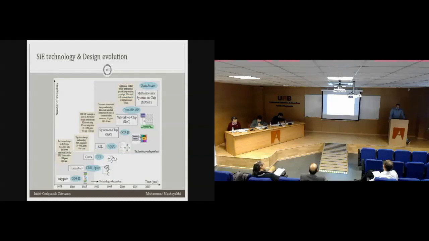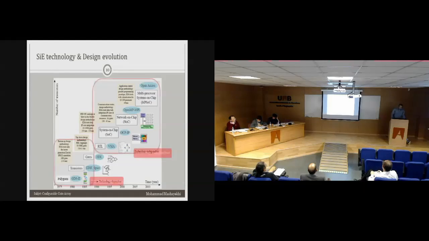Having a flashback to silicon electronic technology and its design evolution, we see that from early 70s and 80s, circuit designers were used to draw polygons, rectangles, and transistors, and later gates to design the circuits. And then by improving the design methodologies, they had RTL, system on chip, network on chip, and multiprocessors.